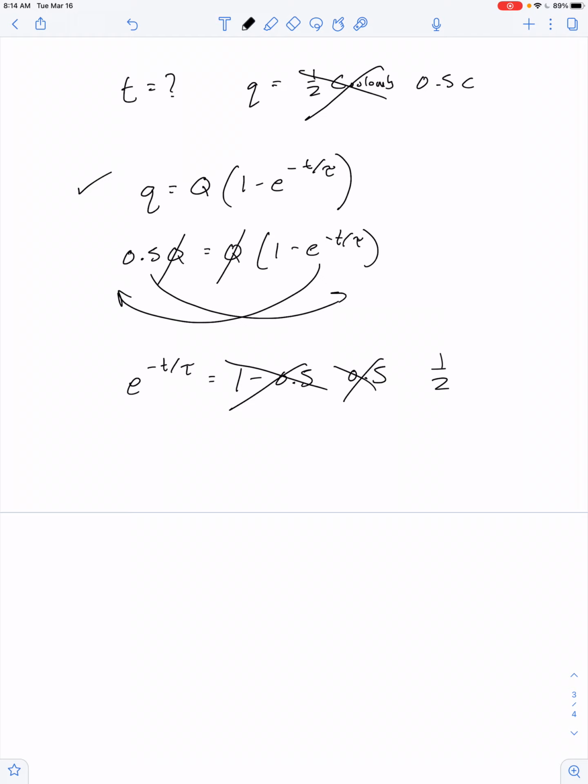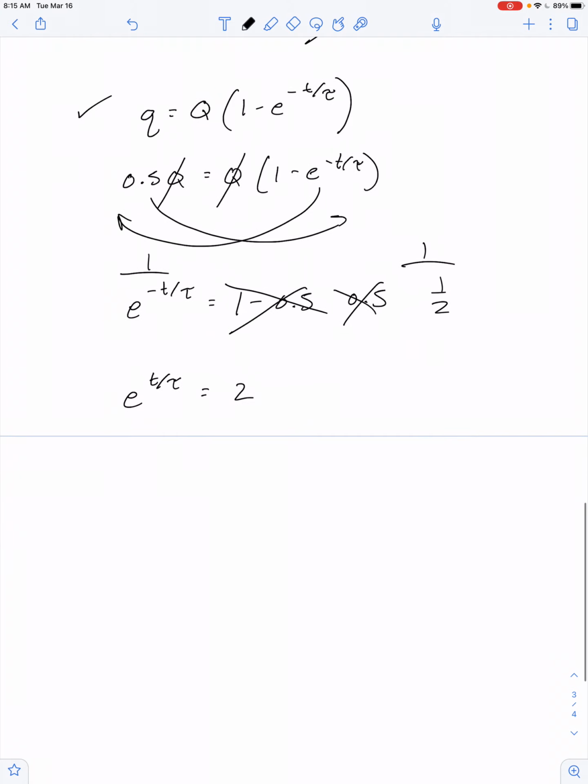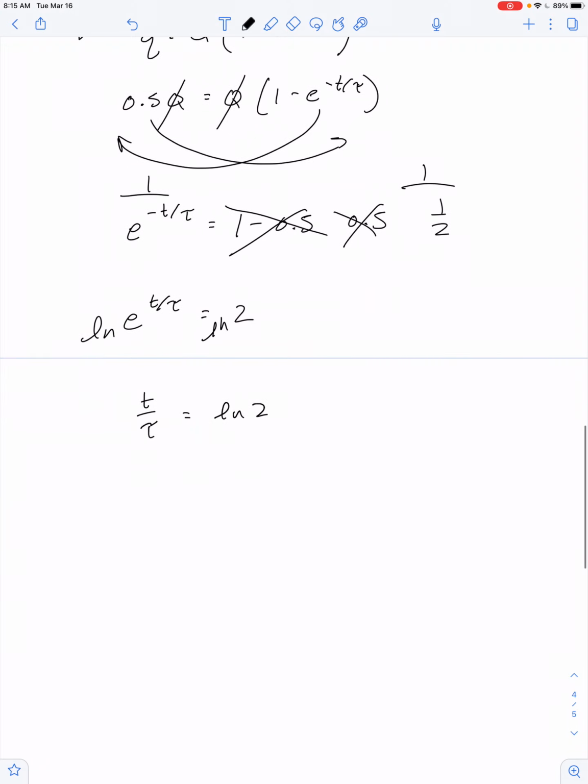And then we can take the inverse of both sides of the equation, 1 over, 1 over. So now we have e to the positive t over tau is equal to 2. Let's take the natural log of both sides. Then we have t divided by tau is equal to the natural log of 2. And so the time it would take for the charge to be half of its maximum possible value is the time constant tau multiplied by the natural log of 2.